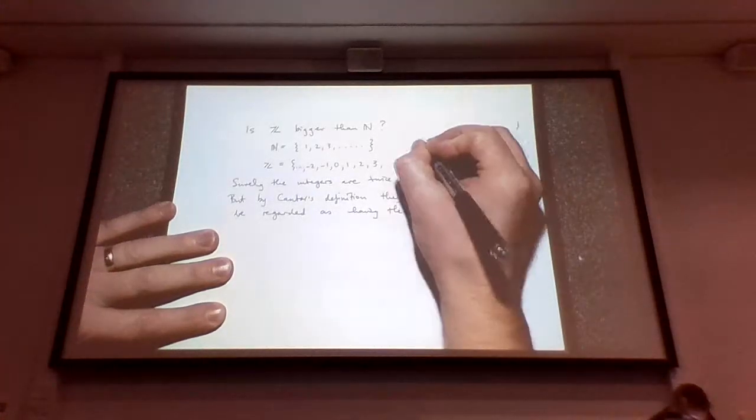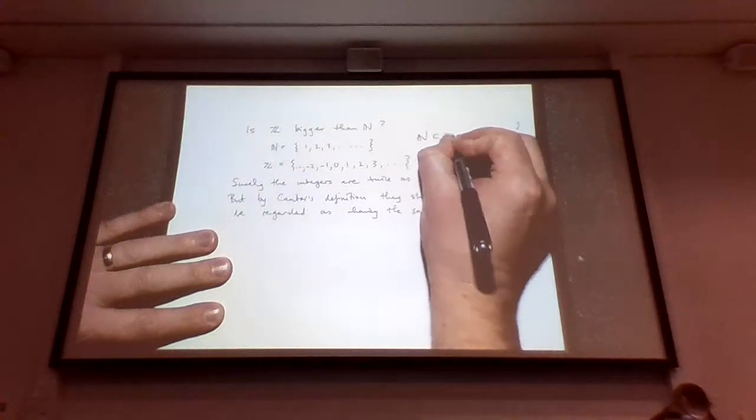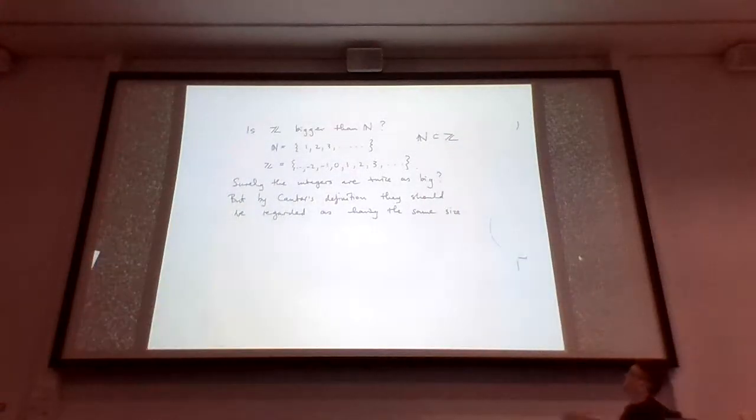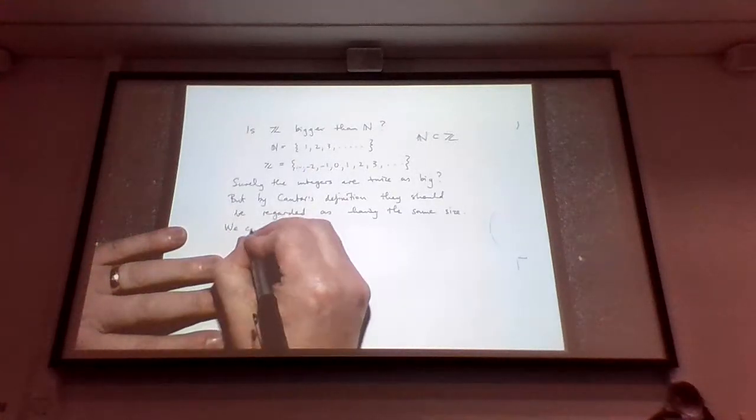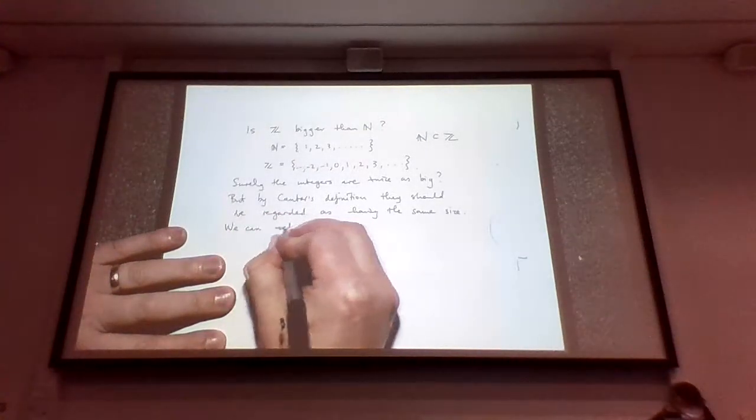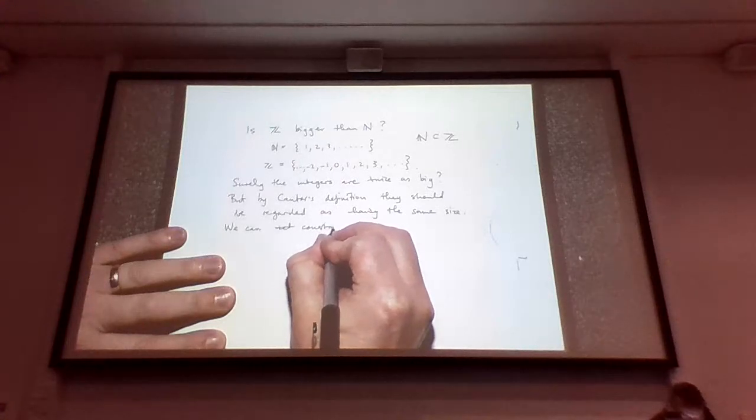We can certainly say that it makes sense to think of the natural numbers as a subset of the integers, and it's certainly a proper subset, because the integers contain lots of other numbers that aren't in the natural numbers. But under Cantor's definition, they should be regarded as the same size, because we can construct a bijection between them.